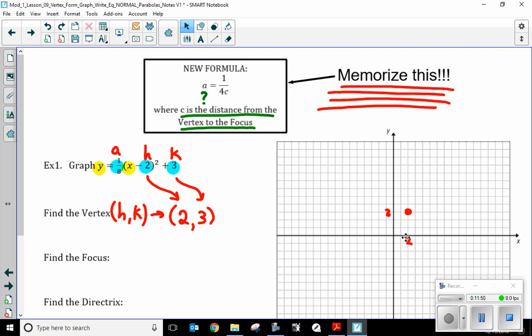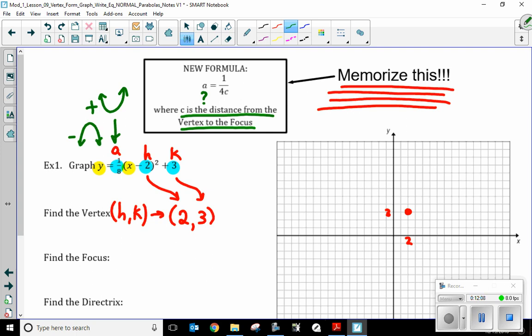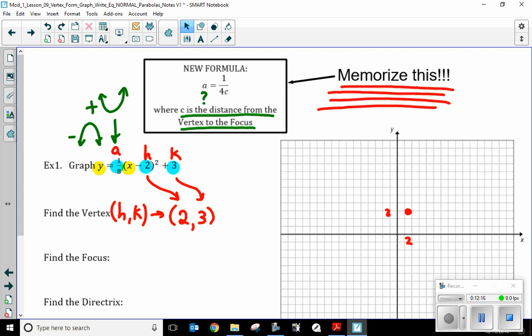So once I know which one is where, above or below, I know which way my parabola is going to open up. Now, I'm looking at my A value and it's positive, so something tells me this should open up anyways. Remember, if this is positive, it opens up. If it's negative, it should open down. So this should open up. So my focus should be above, somewhere above here.